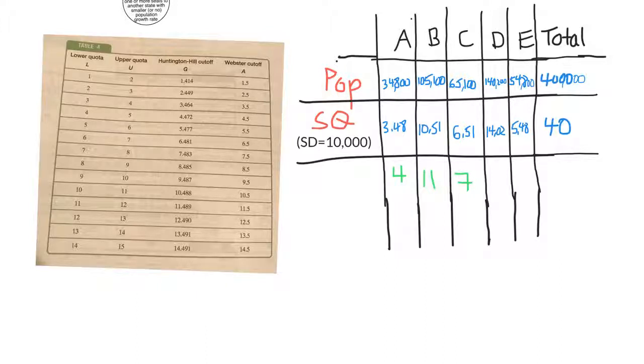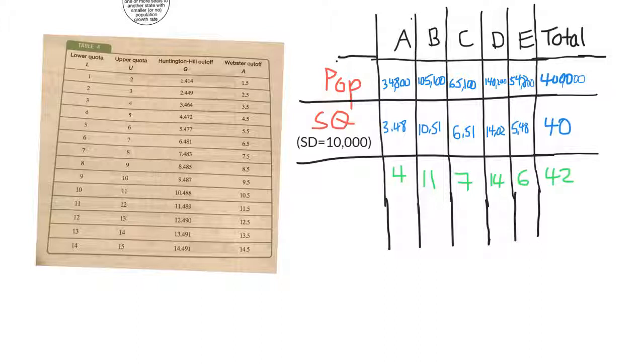Clearly that's less than that, so that gets rounded down. Finally, 5.48: the lower quota is 5, the upper quota is 6. That's to be found right here. The cutoff point is 5.477. This is just above that, and therefore this gets rounded up to 6. And at that point, when you add all of these, you end up with 42.